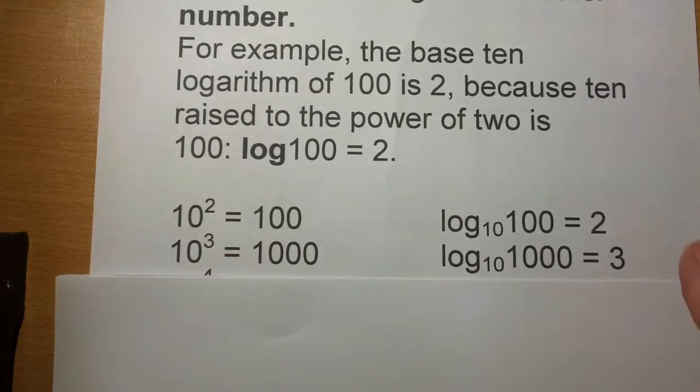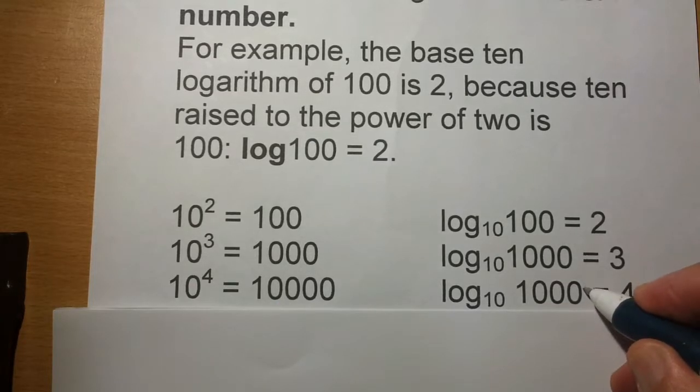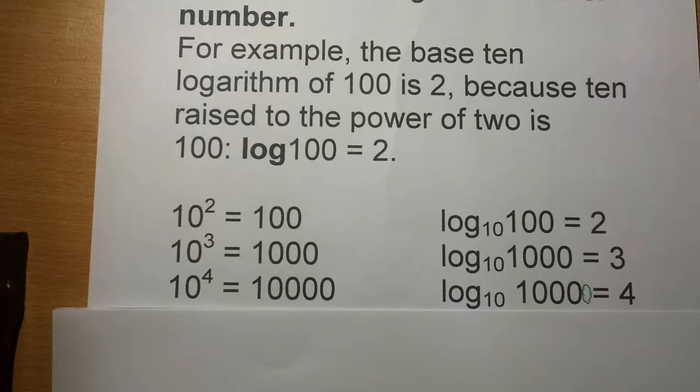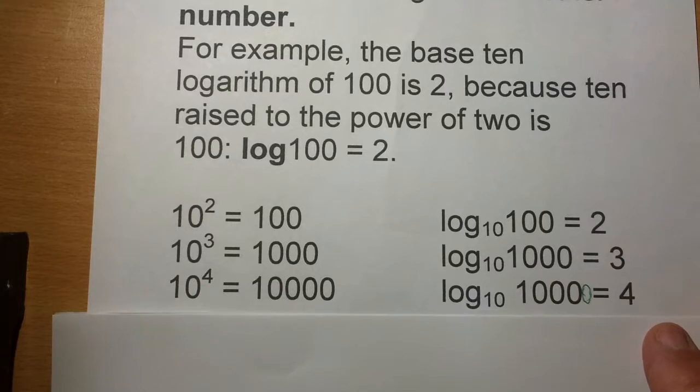Again, 10,000 is 10 to the power of 4. Now this should be 1,000, so that's a bit of a misprint there. I'll fix that up, with the wrong colour, doesn't matter. The log of 10,000 is 4. It's this number here, the power that it has to be raised to.